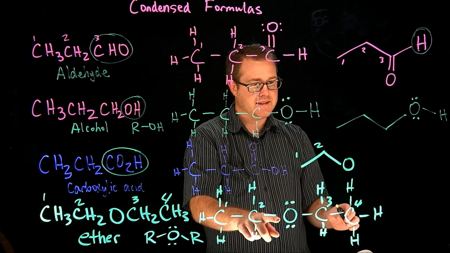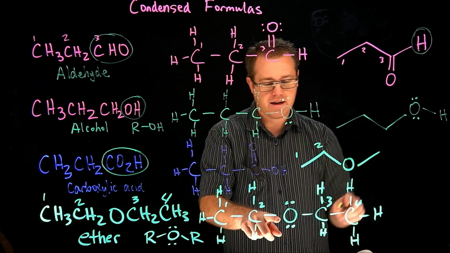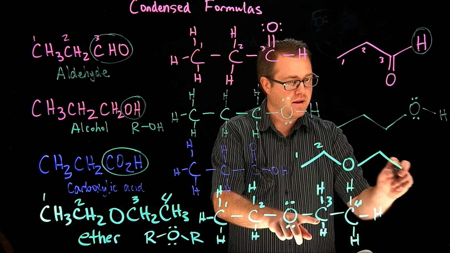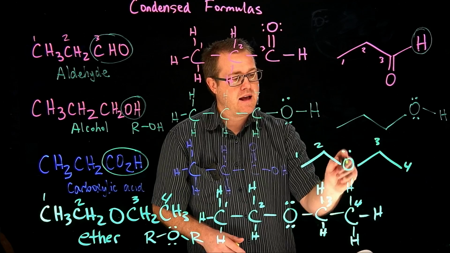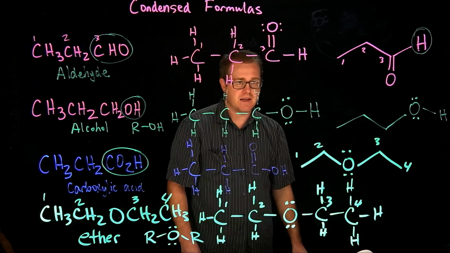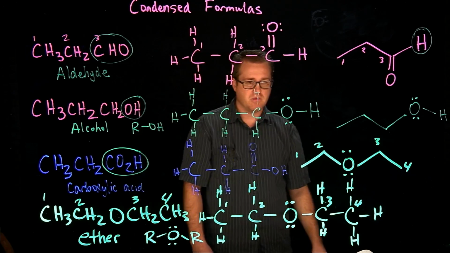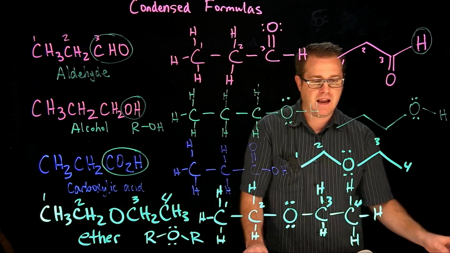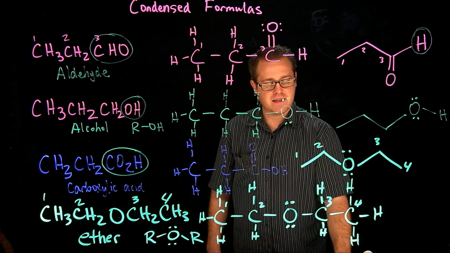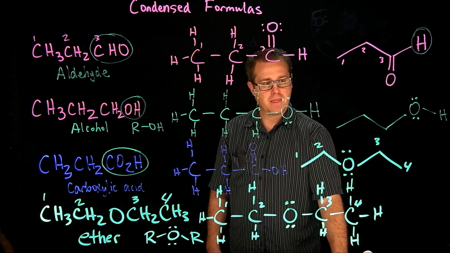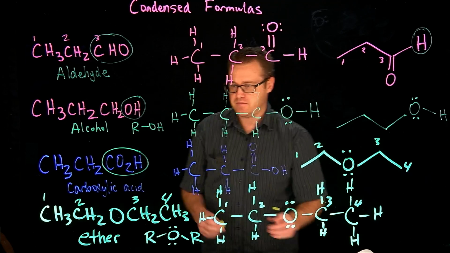See how I'm doing a zigzag there? Zigzag back up to carbon 3, and then carbon 4. And that right there is the zigzag structure or line structure. There are different names for these things. And there's the zigzag structure for that ether.